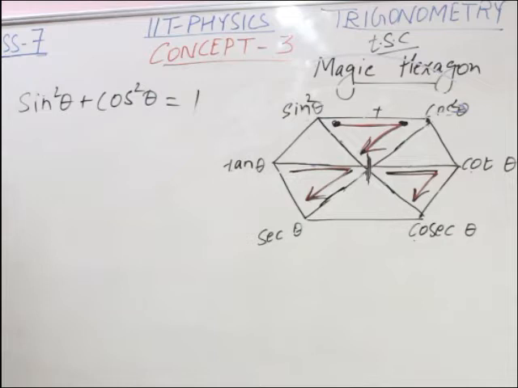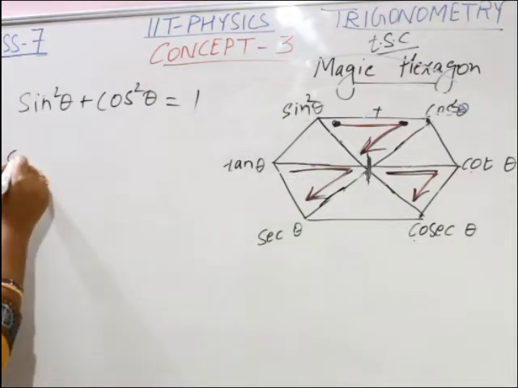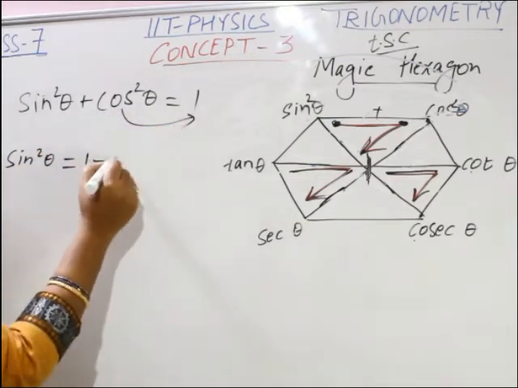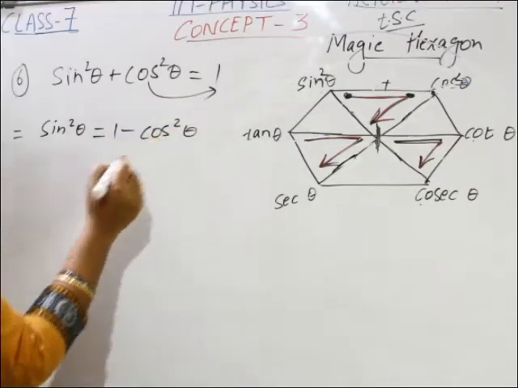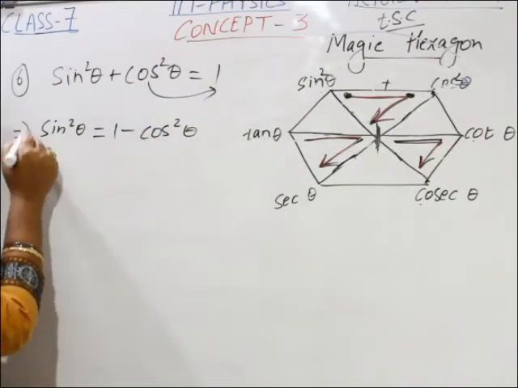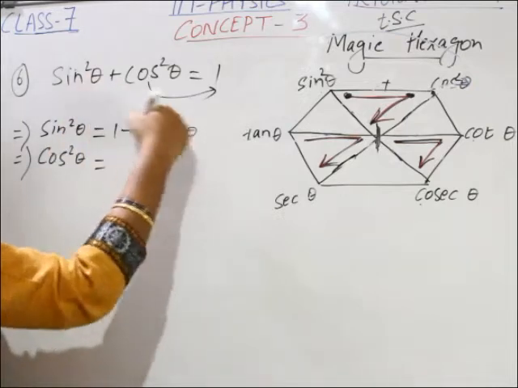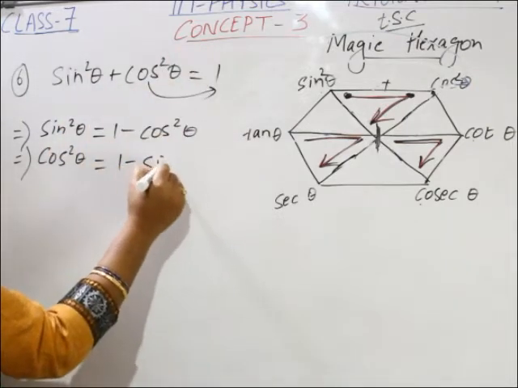From this again 2 we can find out: sin square theta is equal to 1 minus cos square theta, and cos square theta is equal to 1 minus sin square theta.